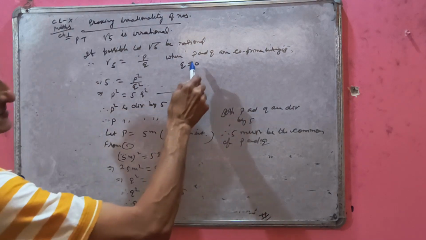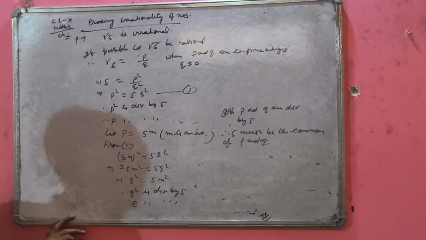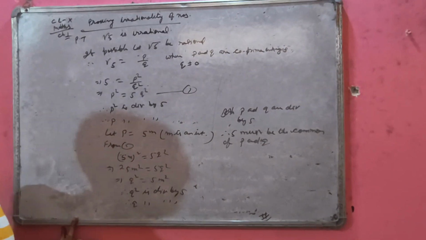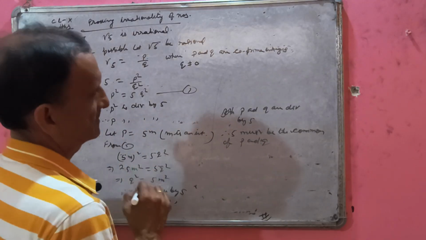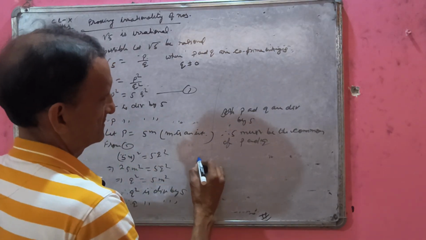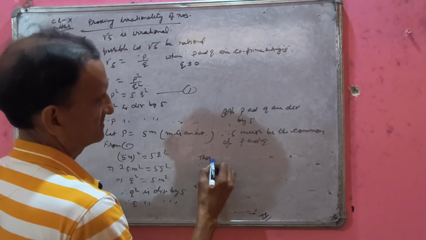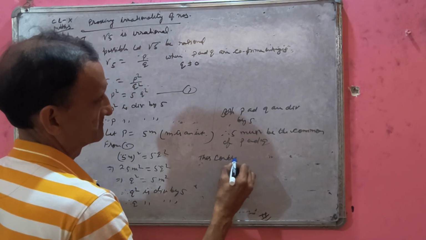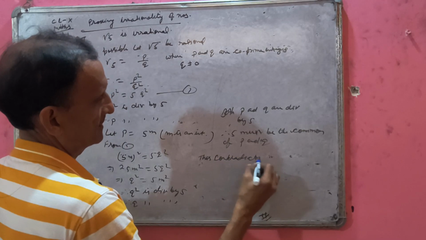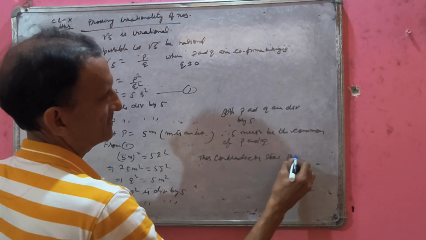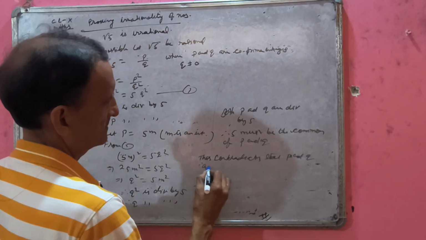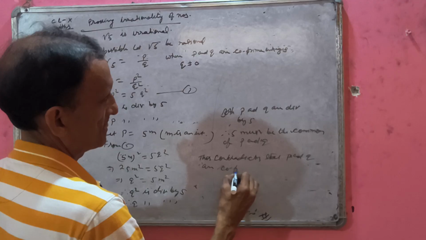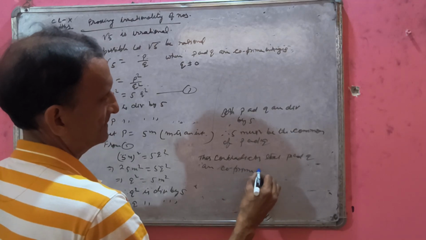But initially we have assumed that p and q have no common factor except 1. So this is a contradiction. This contradicts that p and q are co-prime integers.